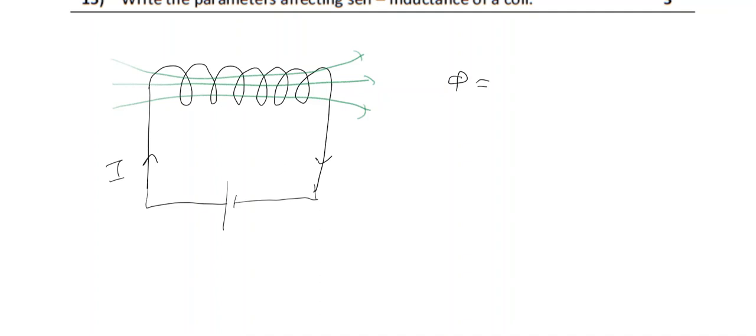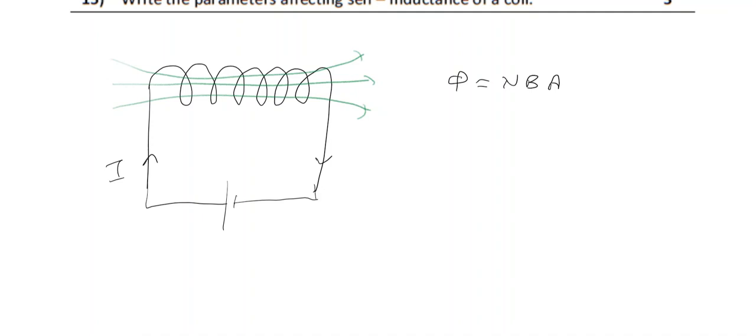How much is the flux? Flux is N B A, isn't it? What is N? Number of turns. B is magnetic induction, magnetic field produced by the current passing through the coil, and A is area.